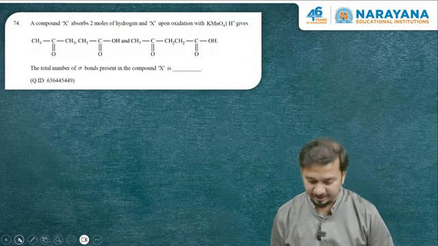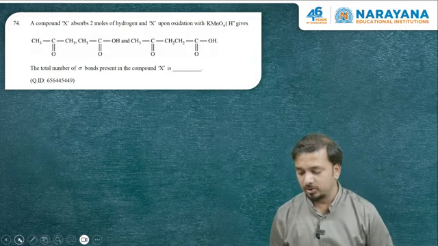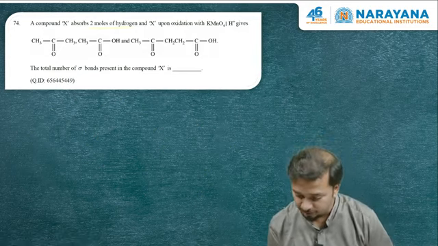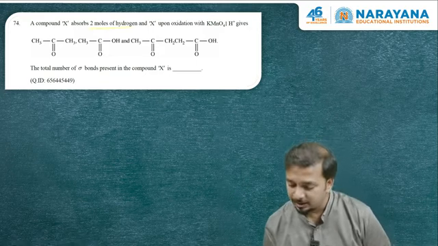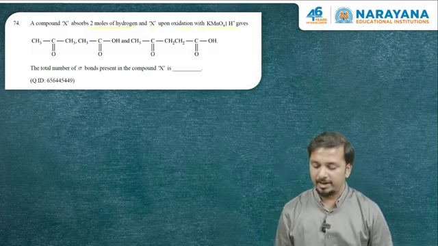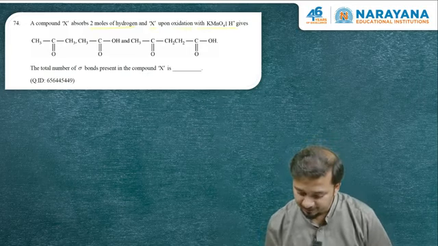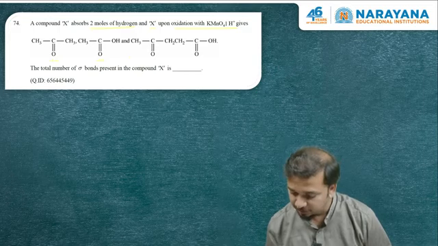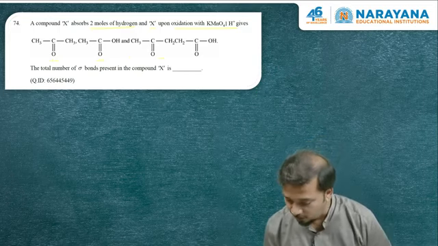Moving to next question, they are saying a compound X absorbs 2 moles of hydrogen and X upon oxidation with KMnO4 H plus gives these 3 molecules on oxidation.